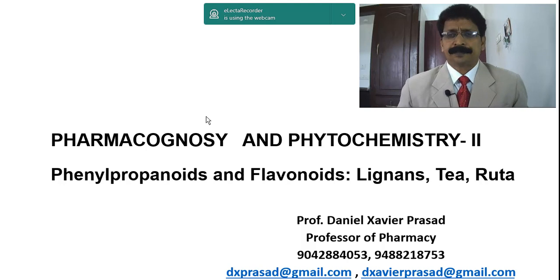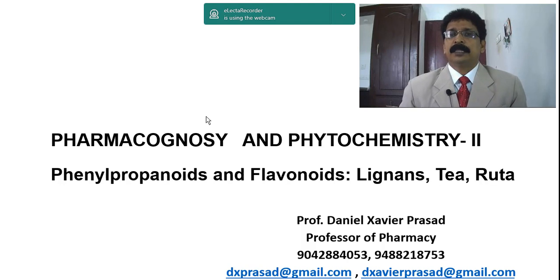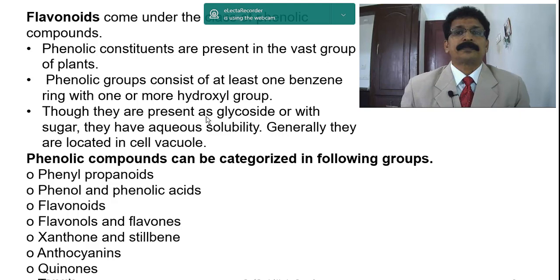There are many flavonoids and phenylpropanoids present in the plants. If you want to go into detail, we have to go. There are many medicinal plants available, but still we have taken according to the syllabus.